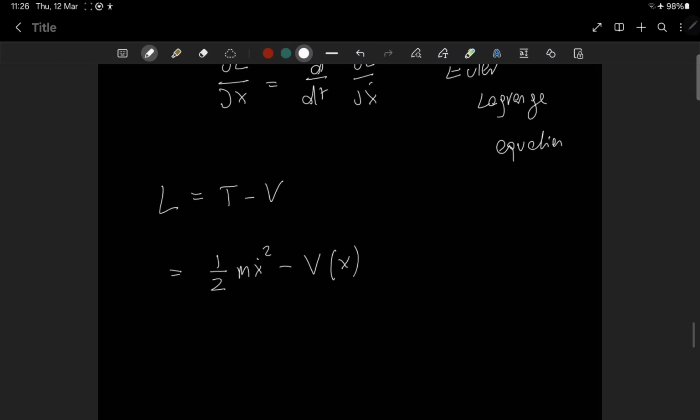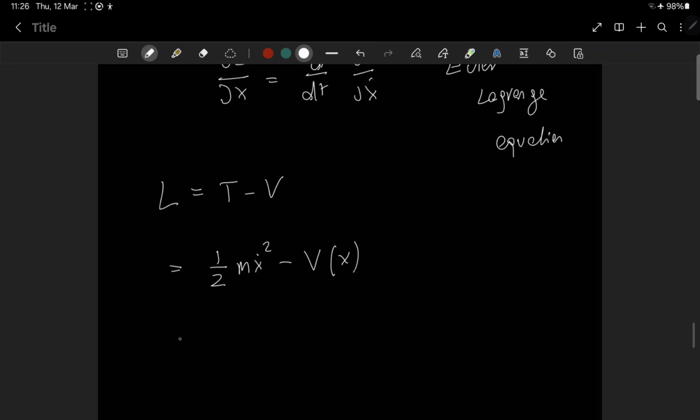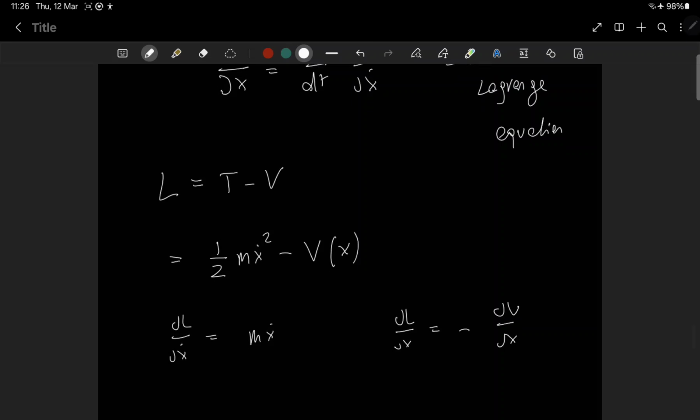So we can now calculate partial L by partial x dot, which, since the potential term is independent of x dot, we just get the square coming down. So this is m times x dot, and partial L by partial x is just minus dV by dx.